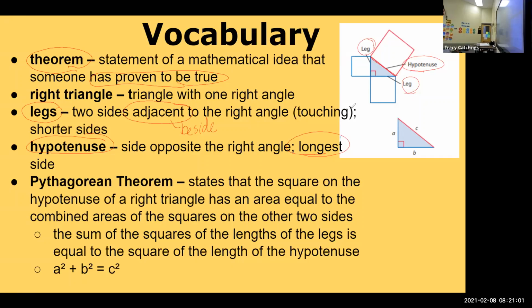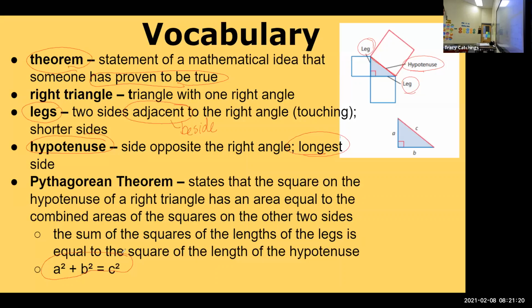All right, so the Pythagorean theorem pretty much tells us the sum of the squares of the legs is equal to the square of the hypotenuse. One form to remember: a squared plus b squared equals c squared. That is the Pythagorean theorem. If you learn nothing else, you learn that a squared plus b squared equals c squared.